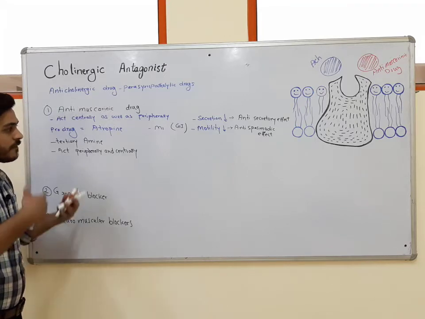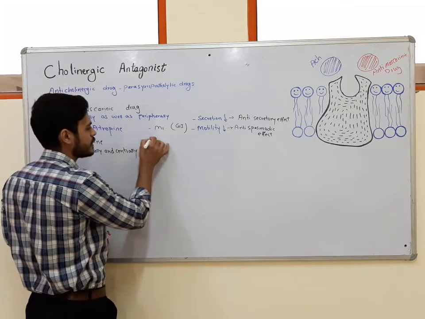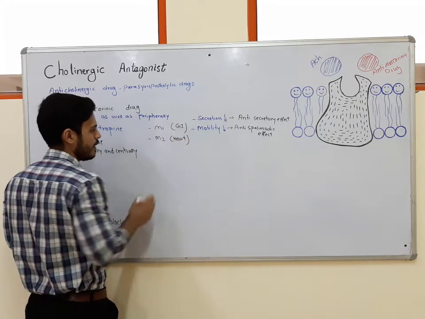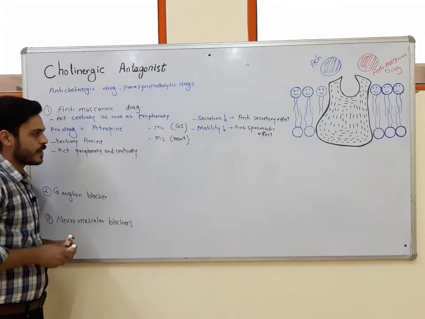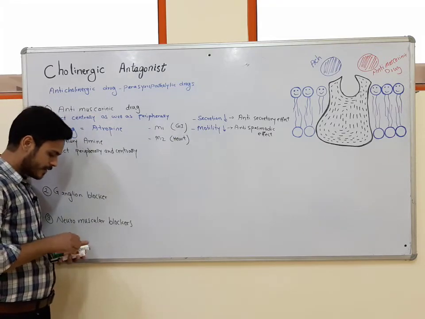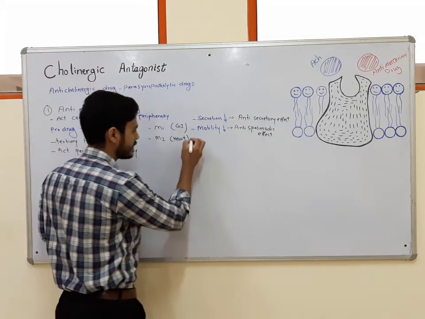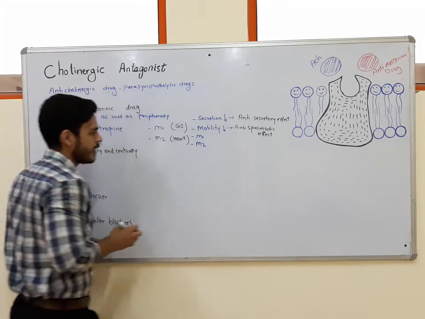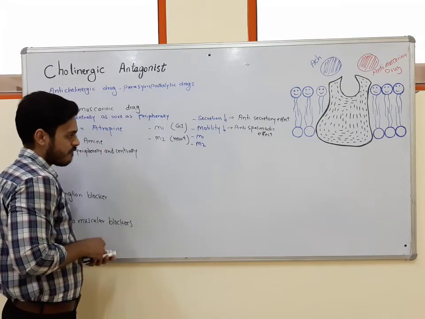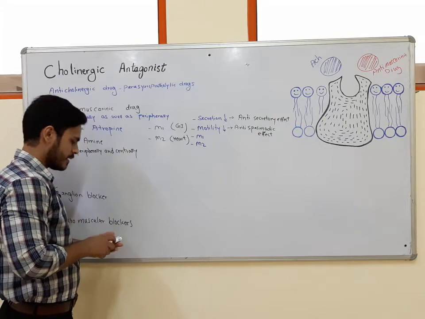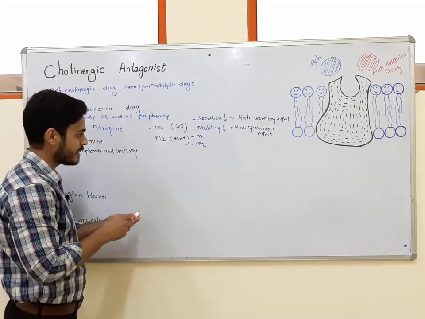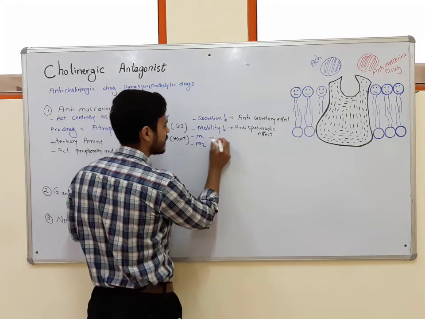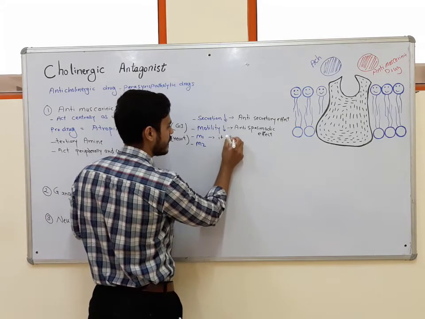If it blocks the receptor located on the heart, when we give atropine it can bind to two subtypes of receptor. It can bind to the M1 receptor, and it can bind to the M2 receptor. If it binds to the M1 receptor, it can slightly decrease the heart rate.